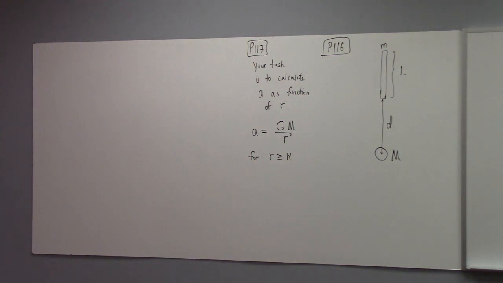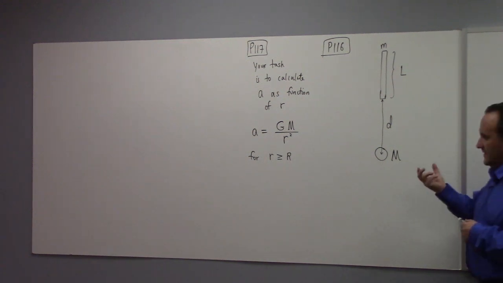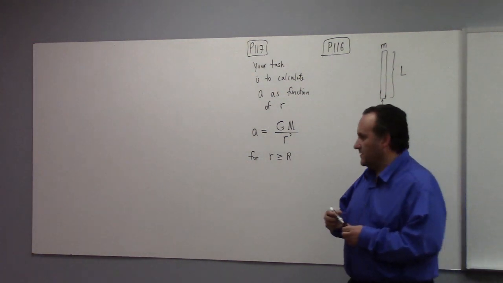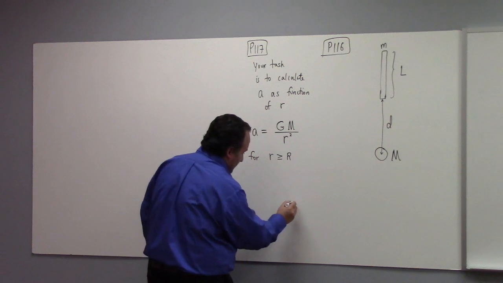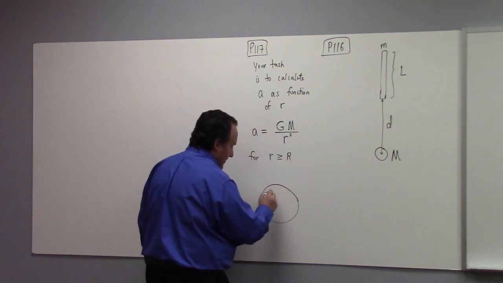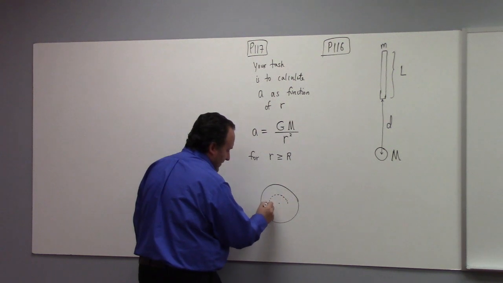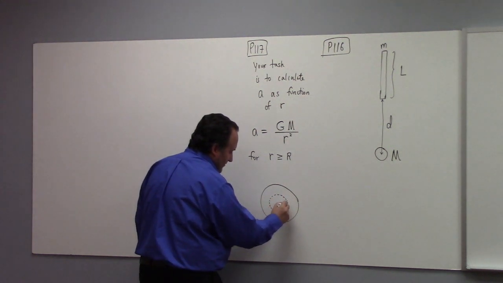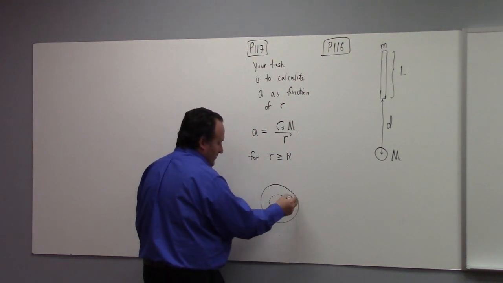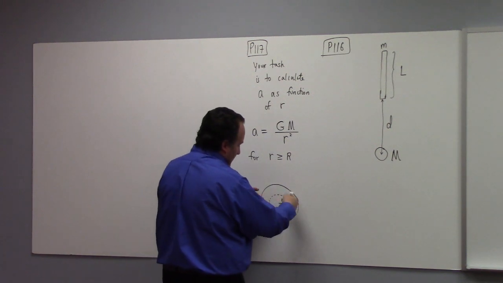I will say this, the answer should definitely have acceleration being 0 at the center of the sphere, right? The picture here is a solid sphere. You want to think about, if you go to this distance r, what would the acceleration be due to gravity there?